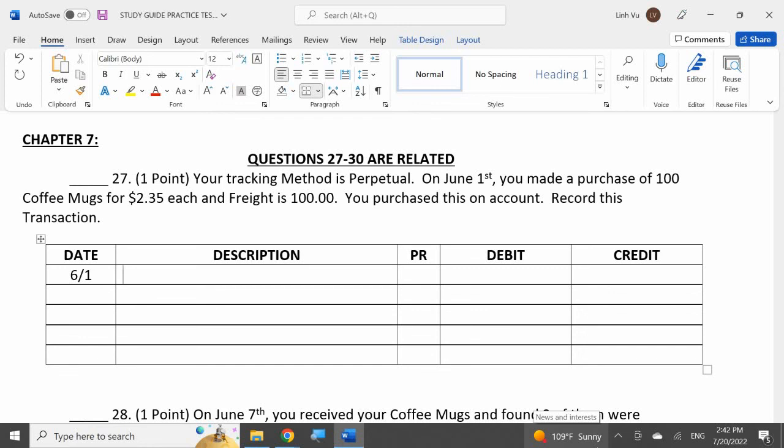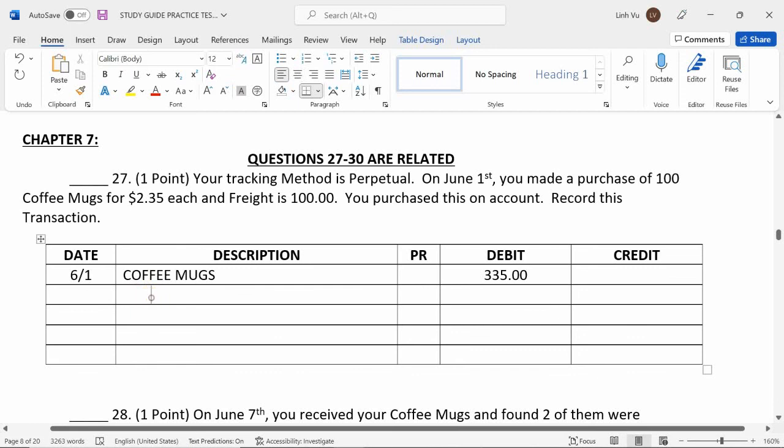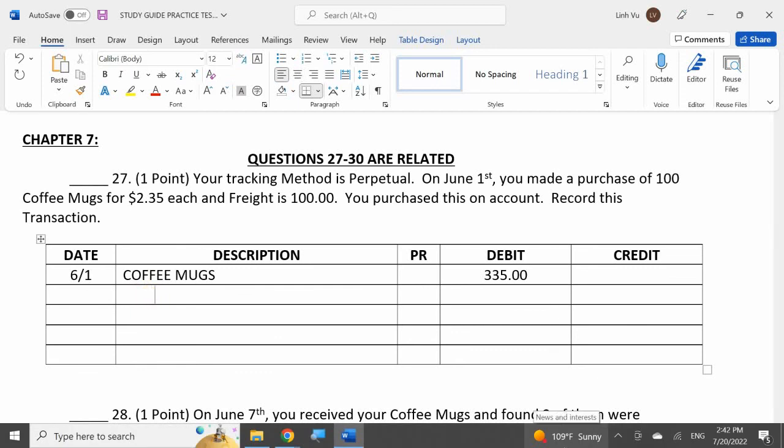You debit inventory, your coffee mugs, for $335, and accounts payable, you credit for the same. Okay.